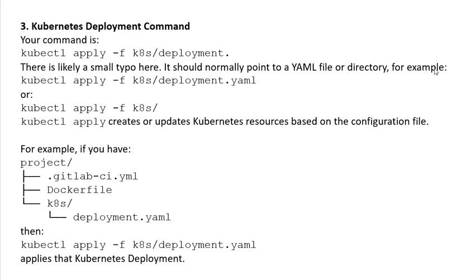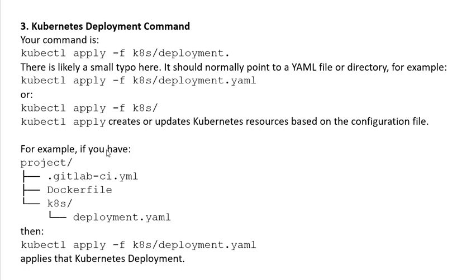For example, use kubectl apply -f k8s/deployment.yml. kubectl apply creates or updates the Kubernetes resources based on configuration files.